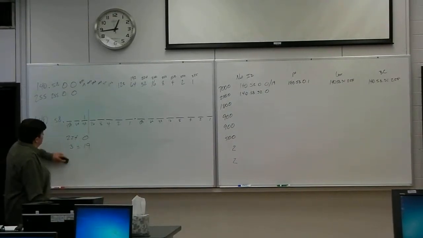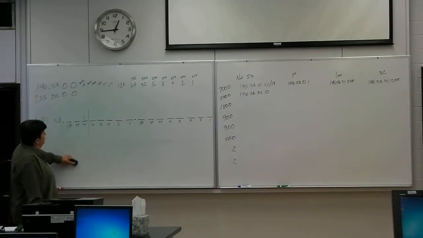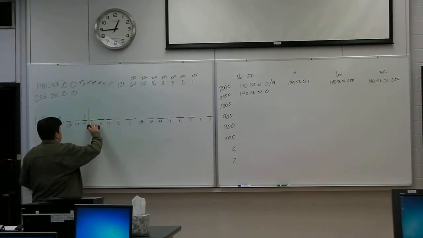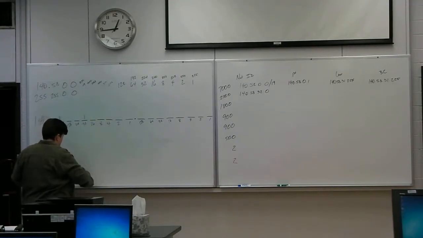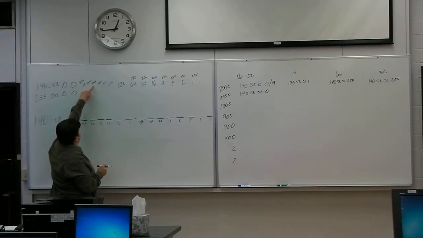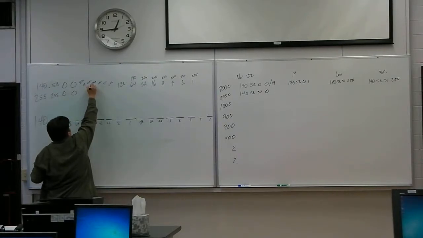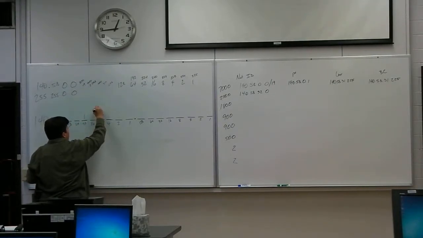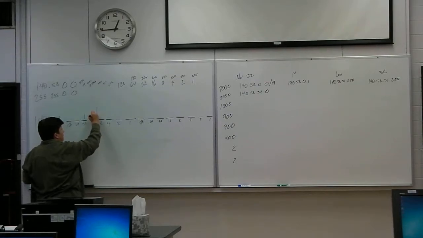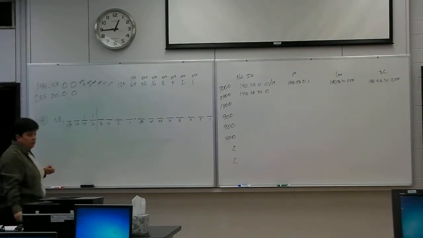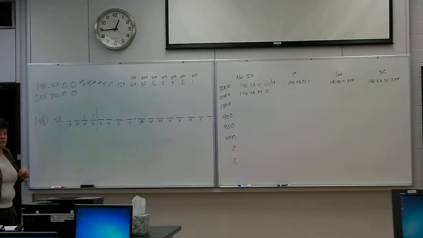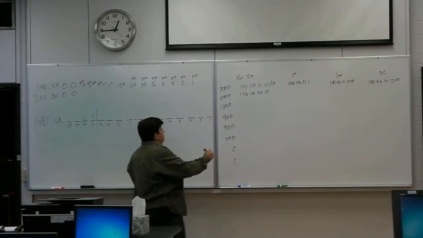Okay, so now my next network asks me for 2,500 hosts. So we're going to go between 2048 and 4096 now. So I'm moving it over 1 bit. Turn that on. And my new is what?